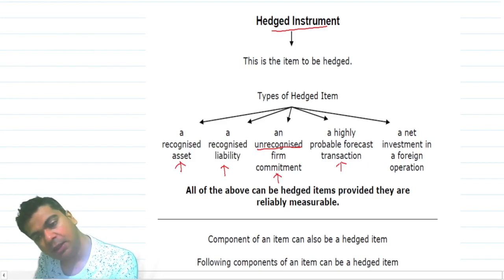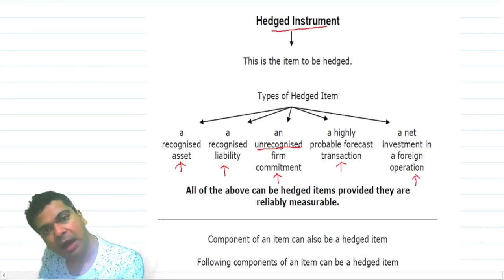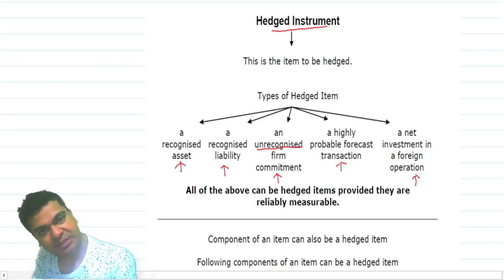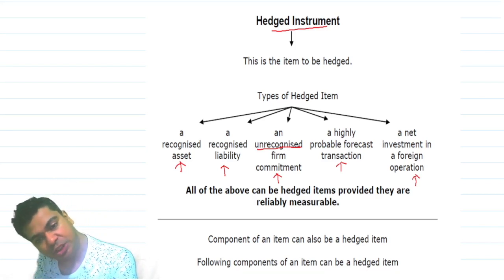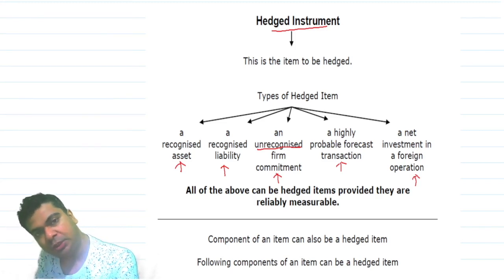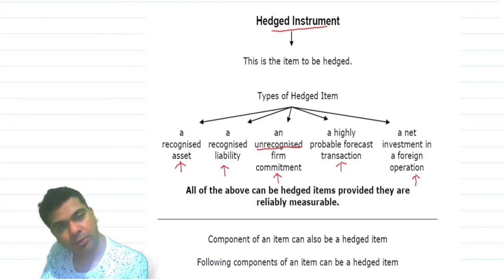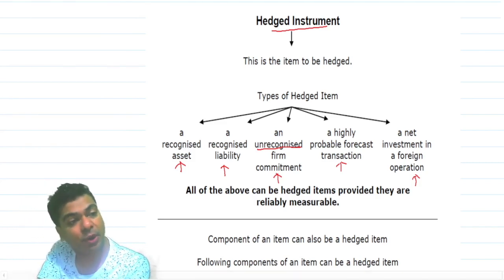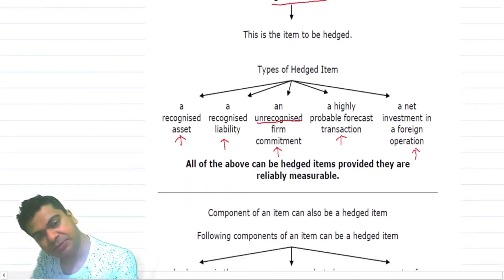And finally, a net investment in a foreign operation. So you may have a foreign operation in the form of a subsidiary or an associate or a joint venture. Even the investment that you have made in this foreign operation can also be hedged by us. So these are the different possible hedged items.